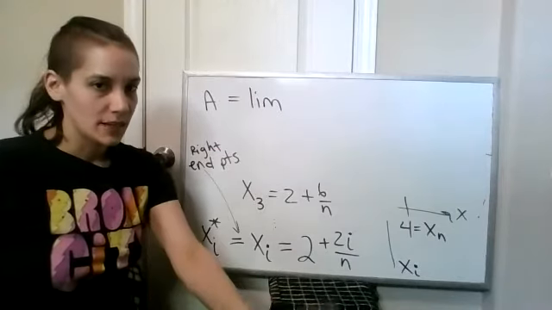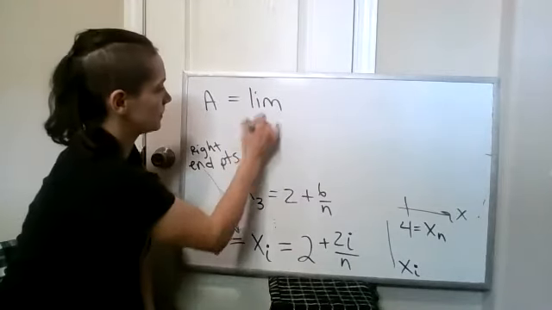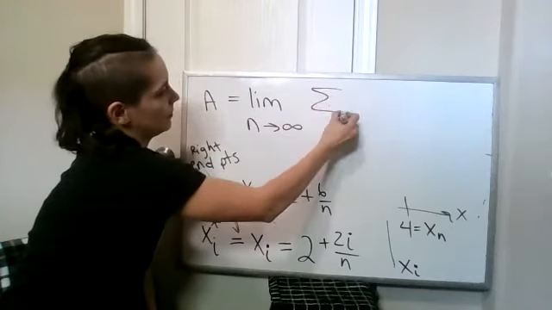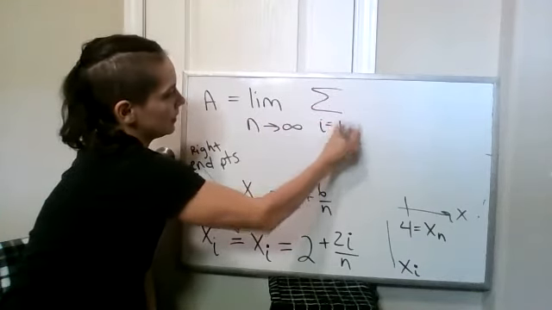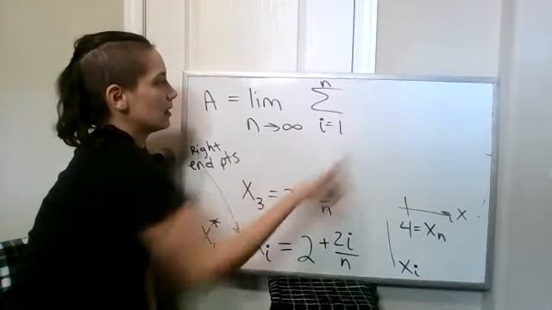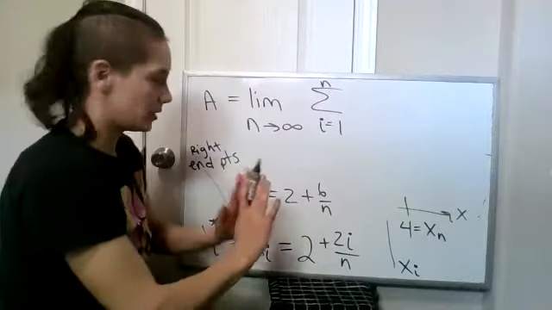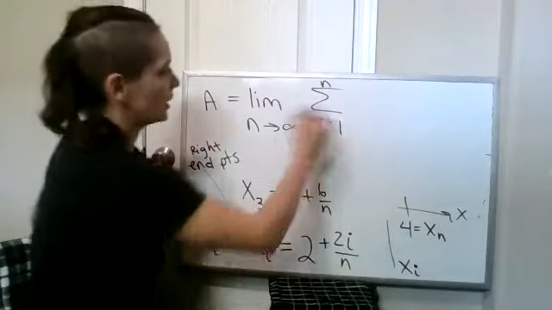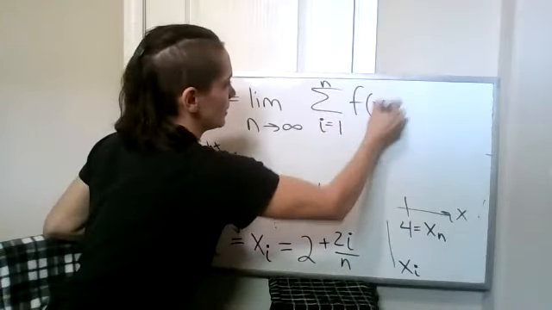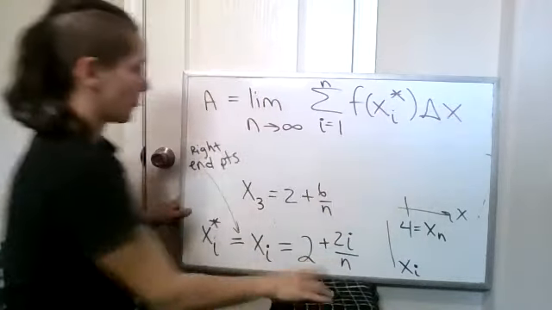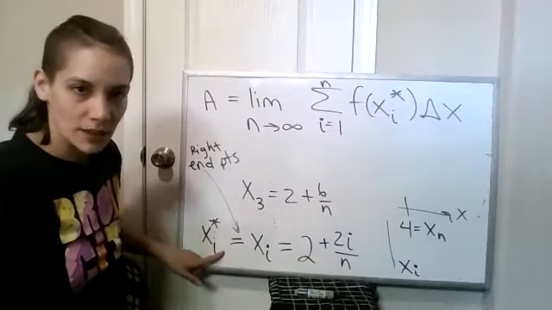Limit as n goes to infinity of the sum from i equals 1 up to n of, I think we should just go ahead and put out what it is in general, f of x sub i star times delta x. Okay, and we'll put in what that actually is.